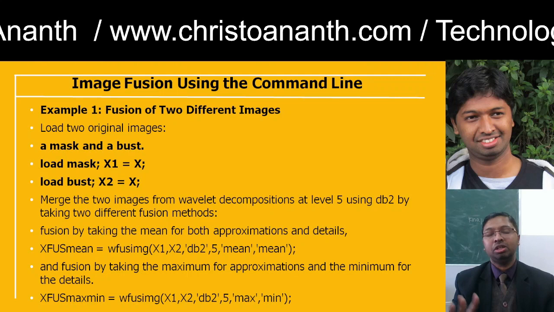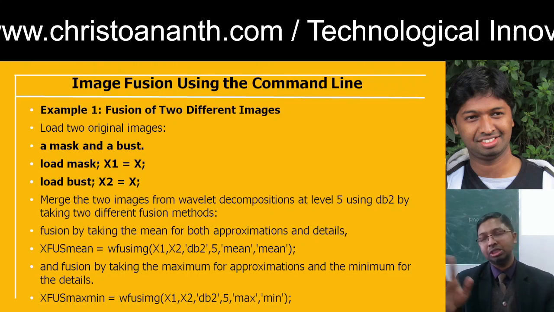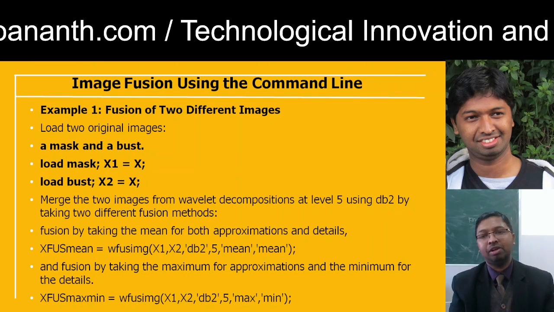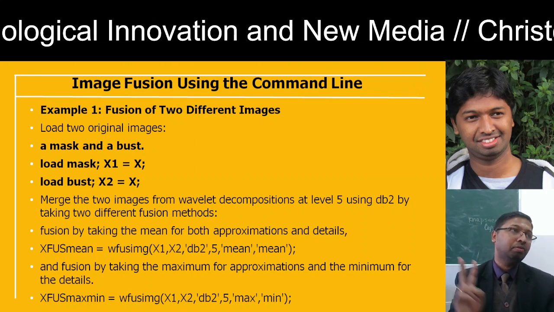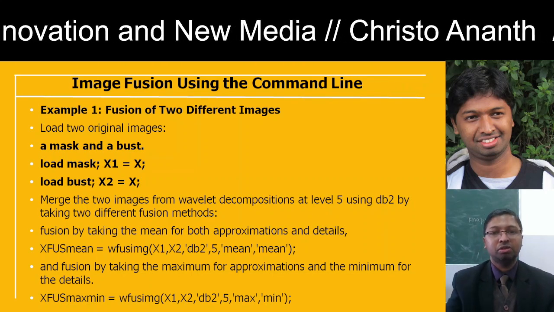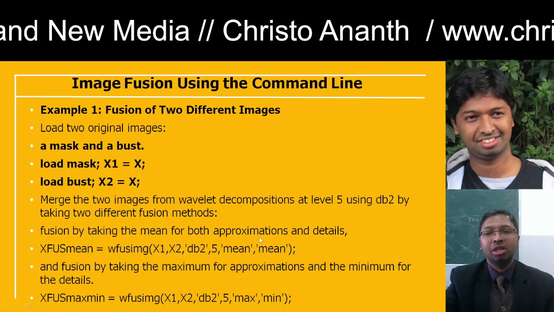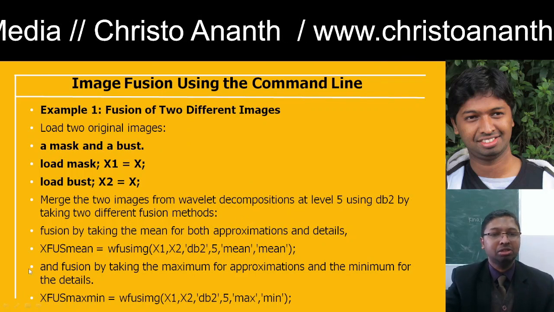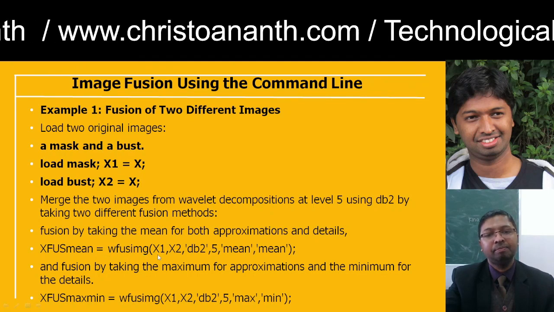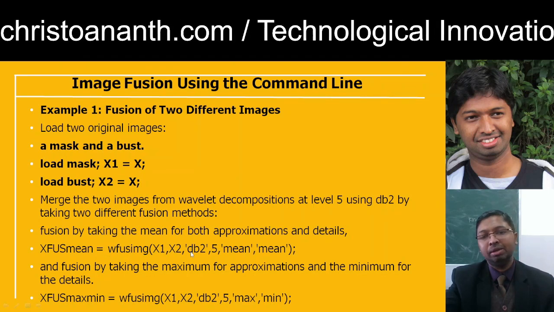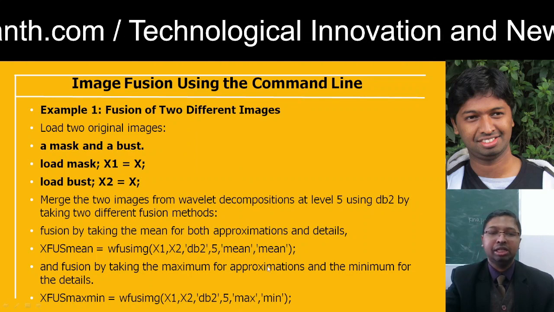So what you're going to do is merge these two images from the wavelet transform at level 5 using db2 by taking two different fusion methods. In the fusion, you're going to have both approximation as well as details. So XFUSmean is equal to wfusimg(X1, X2, 'db2', 5, 'mean', 'mean').